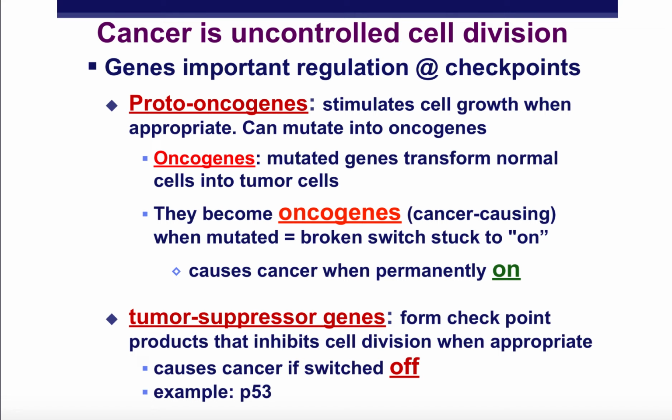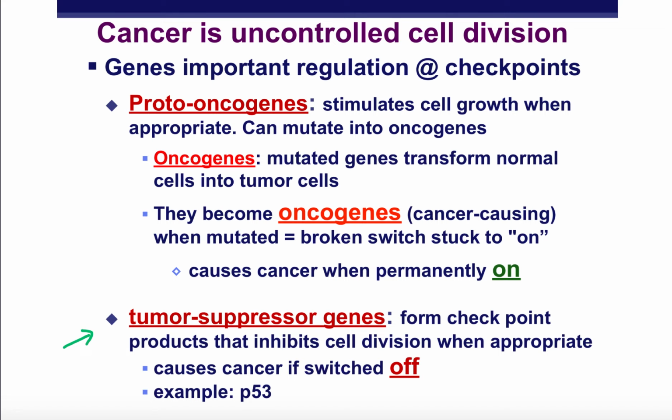Proto-oncogenes become cancerous when they mutate so they're stuck in the on position. They're always expressed even when they shouldn't be. Tumor suppressor genes can help cause cancer when they stop doing their job of preventing cell division when it's inappropriate. Okay? So they get mutated so they stop working.